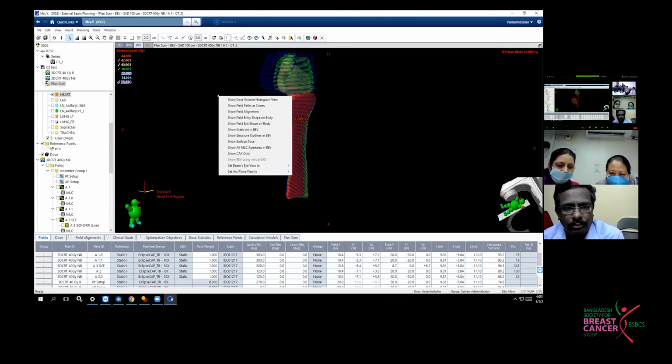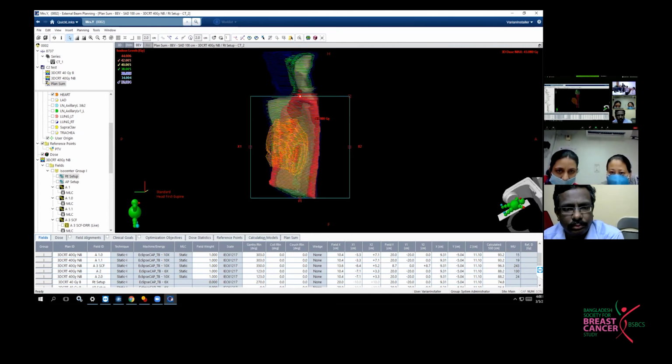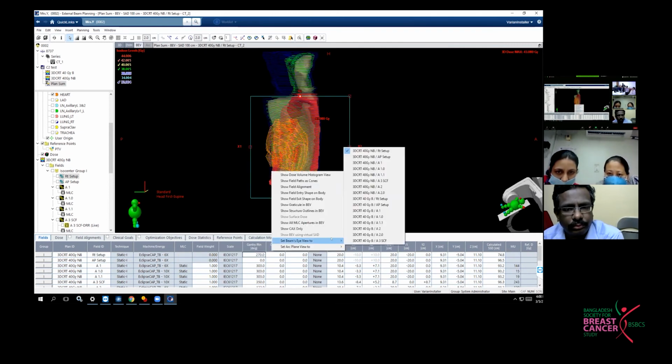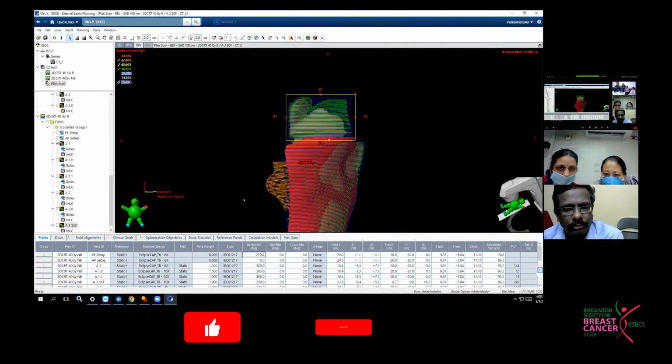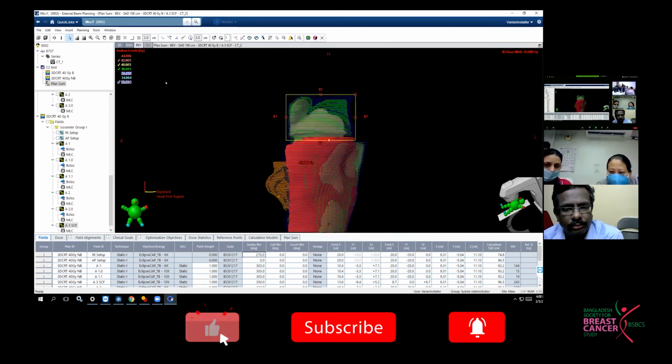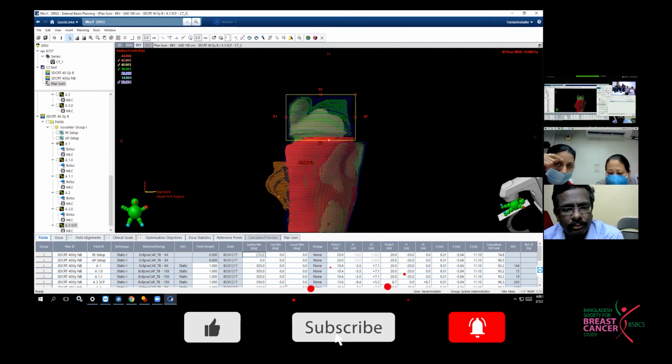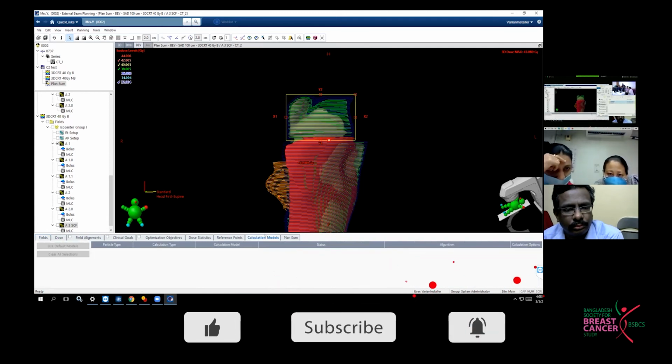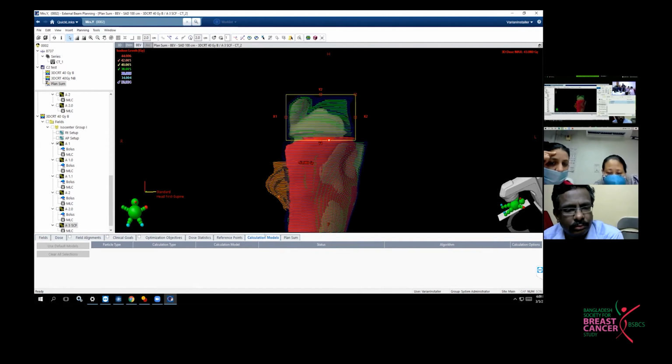And what is the algorithm used for the calculation? If you can say the calculation model. This is a sum plan, that's why you would not be able to see it, so maybe you can pull out individual plans.